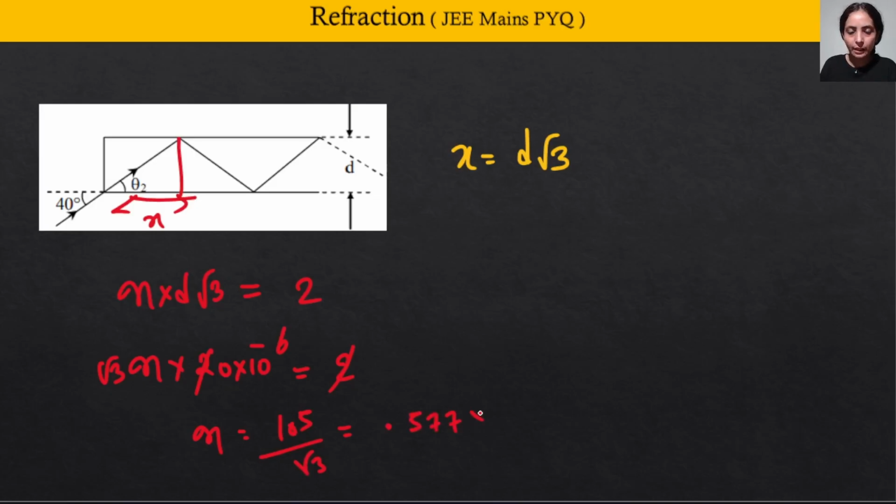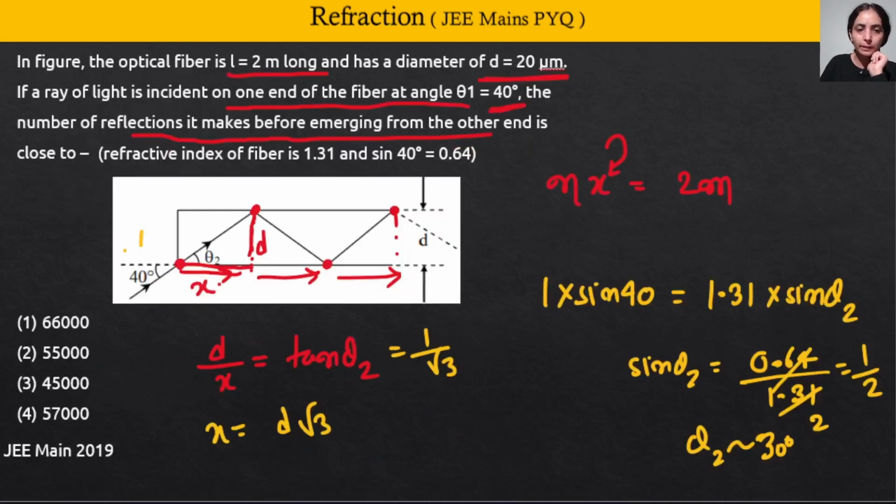So this into 10 to the power 5 you have to do. So this will be near about how much? 57700. So approximately 57700 will be closest to this one, right?